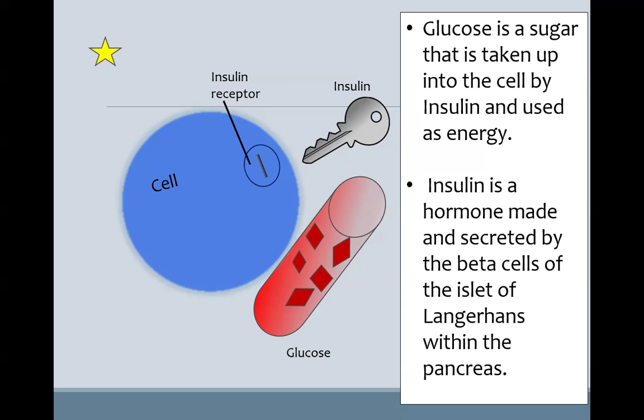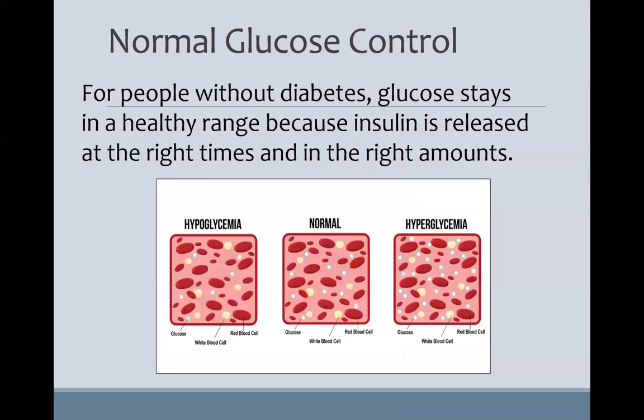They are called into action when the glucose in the blood goes up. Then the insulin hormone comes down. Your body releases it on an as-needed basis. You can see it acts like a key, and now we have the glucose in the cell.